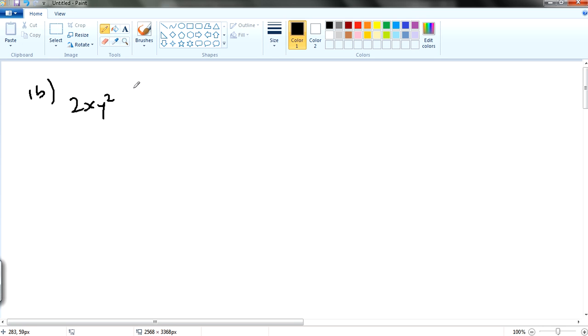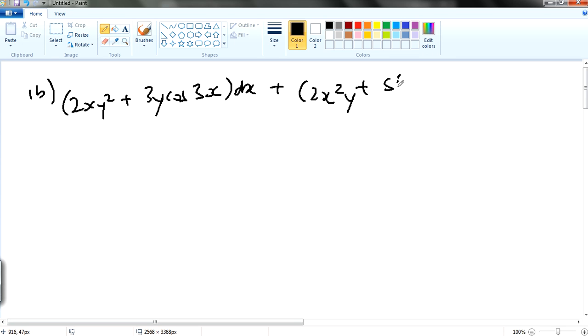Apparently it's (2xy + sin 3x)... no wait: 2xy^2 dx + (2x^2 y + sin 3x) dy. So this is the question. It may be equal to 0. It is definitely equal to 0.